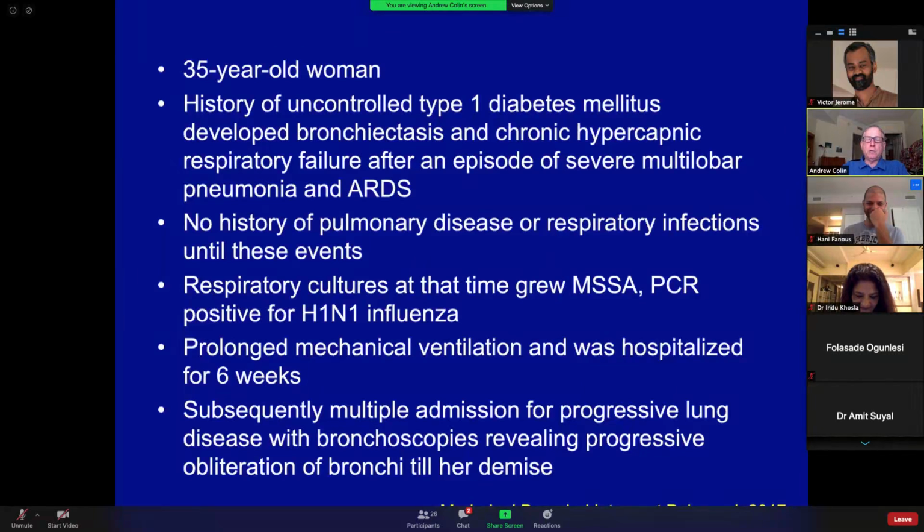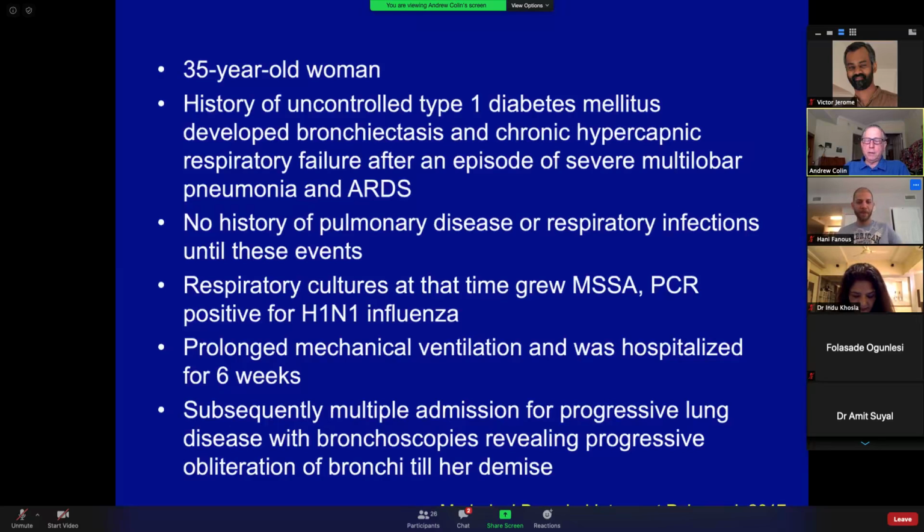A 34-year-old woman, history of uncontrolled type 1 diabetes mellitus, developed bronchiectasis and chronic hypercapnic respiratory failure after an episode of severe multilobar pneumonia and ARDS. No history of pulmonary disease or respiratory infections until these events. Respiratory culture at the time grew MSSA, and PCR was positive for H1N1 influenza.